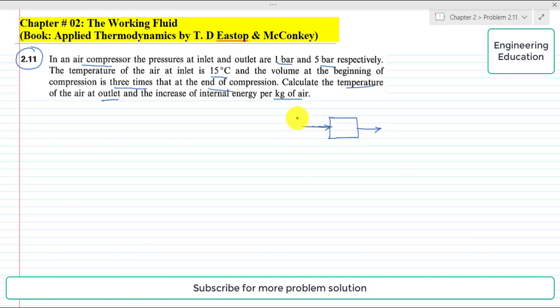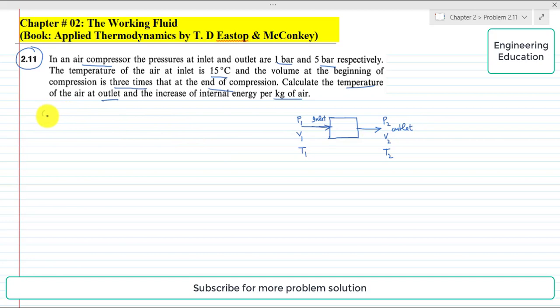So here the pressure is P1, volume here is V1. Similarly, the temperature represented here is T1. Also here we have pressure P2, volume V2 and temperature T2.